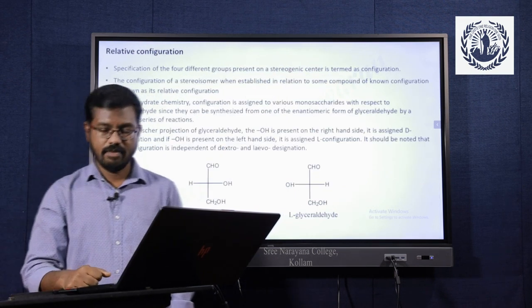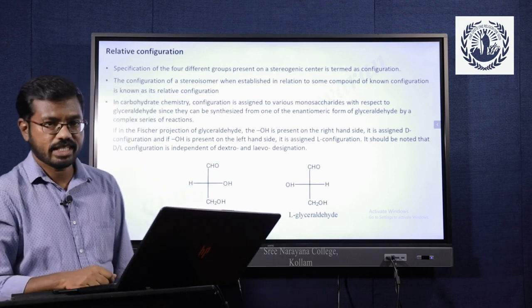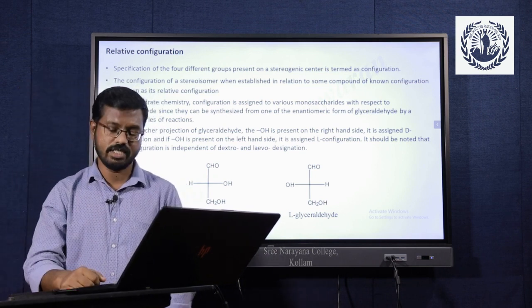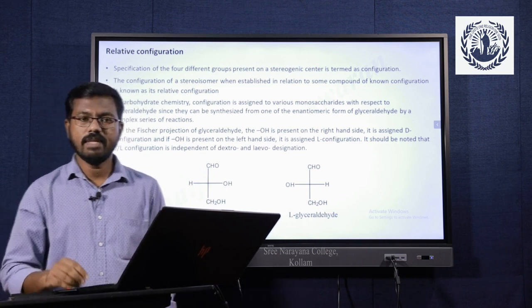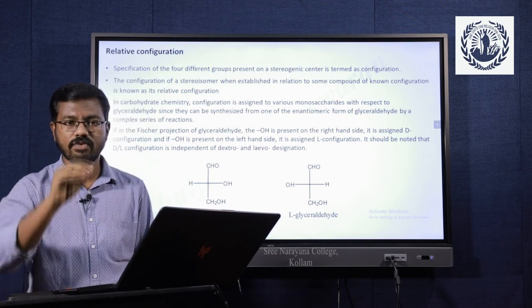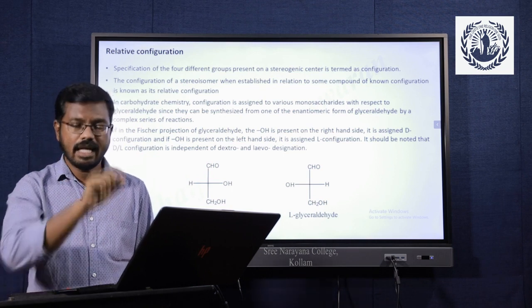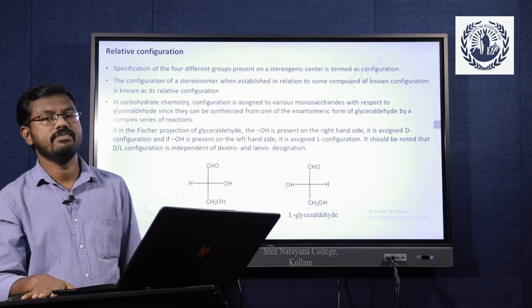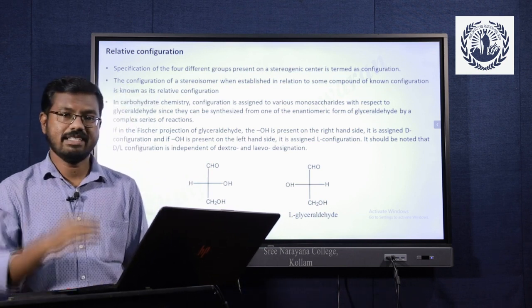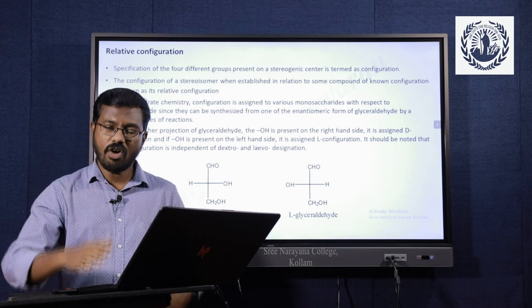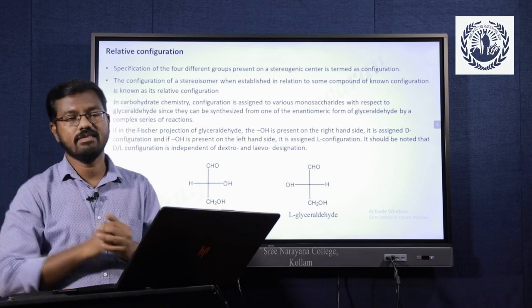Next, we will talk about configuration, relative configuration. So, what is meant by configuration? Configuration means it is a specification of 4 different groups around the chiral carbon. Relative configuration means, as the name indicates, the configuration is related with something.